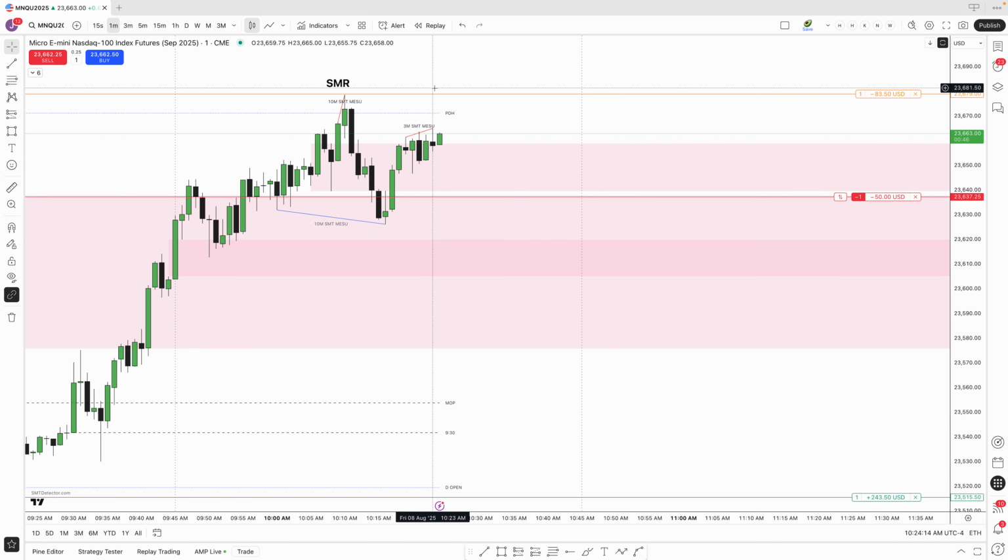We still have the SMT. ES is just consolidating. YM is trending down. NQ trending up. So, there's nothing to do. At this point, with this closure, we've violated this PD array, which is significant.